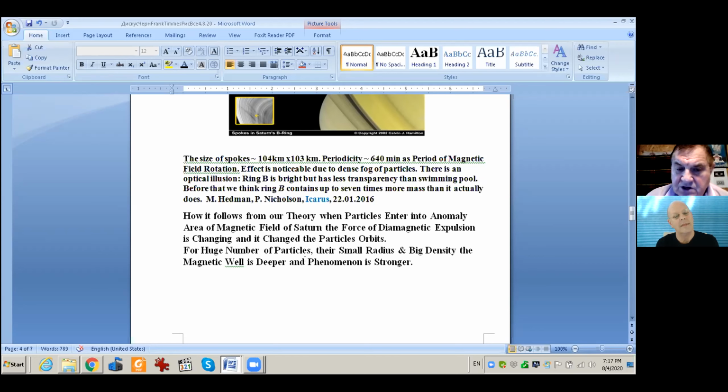For a huge number of particles with smaller radius and big density, the magnetic well is deeper and the phenomenon is stronger. Maybe that's why we can see it in good shape.